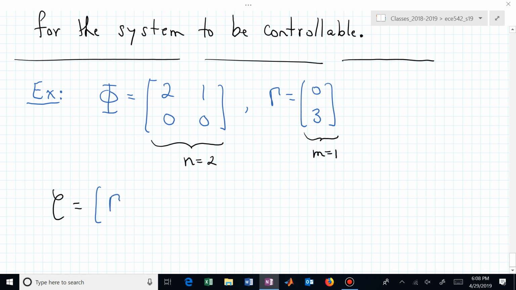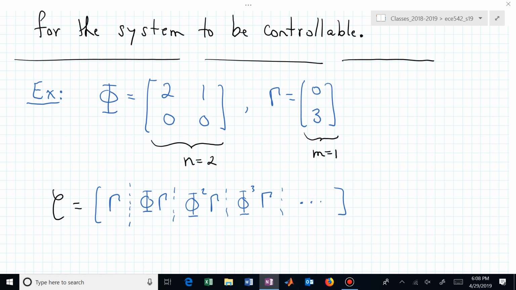I take the input matrix gamma and I squeeze that in right after the bracket. Then I just start doing the multiplications. And stop me when you feel like I need to stop. I should have stopped a long time ago, huh? I was going too fast. How many of these phi gamma products do I need?